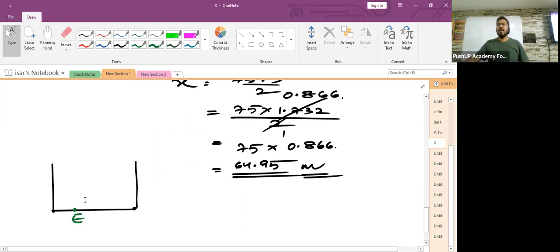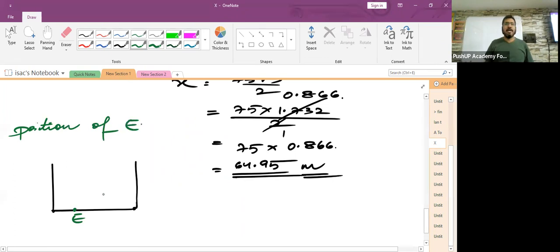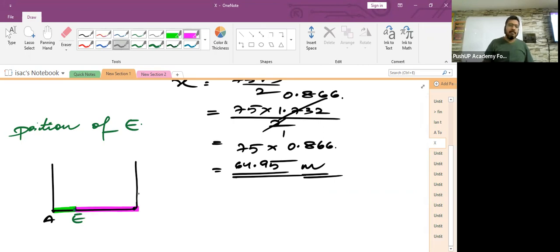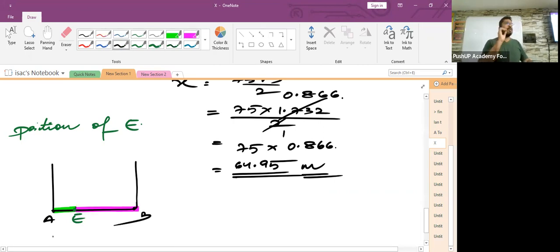When they ask you what is the position of point E, they are in fact asking you, what would be the distance of this point E from A, or what would be the distance of point E from B? This is what you have to find. So either you find the distance of AE or you find the distance of EB.